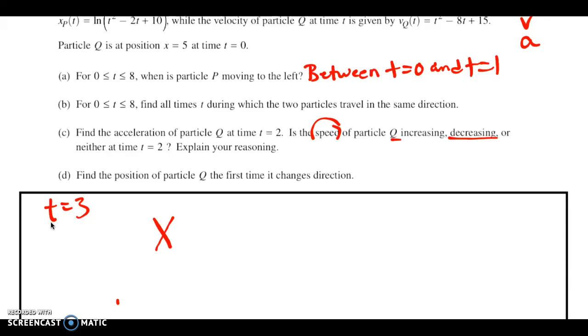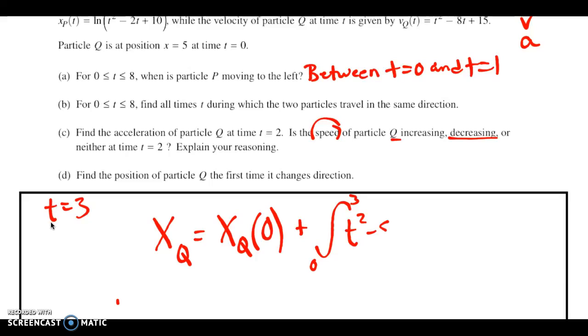So the total distance, sorry, its position, x of q, would be equal to, first of all, where q was at time 0, plus the integral from 0 to 3 of v sub q, which is t squared minus 8t plus 15 dt.